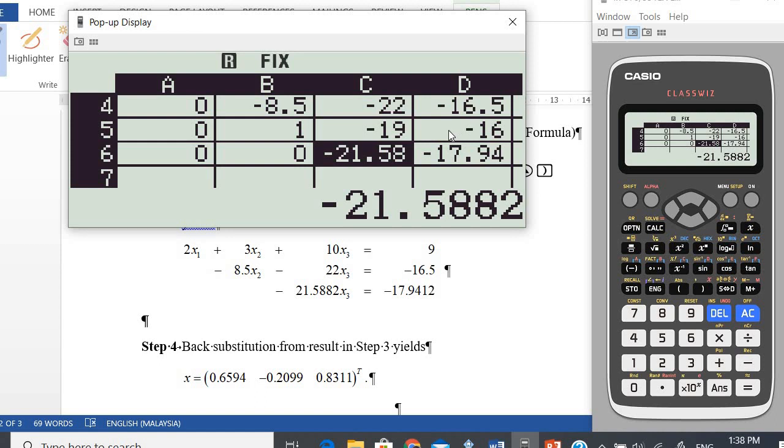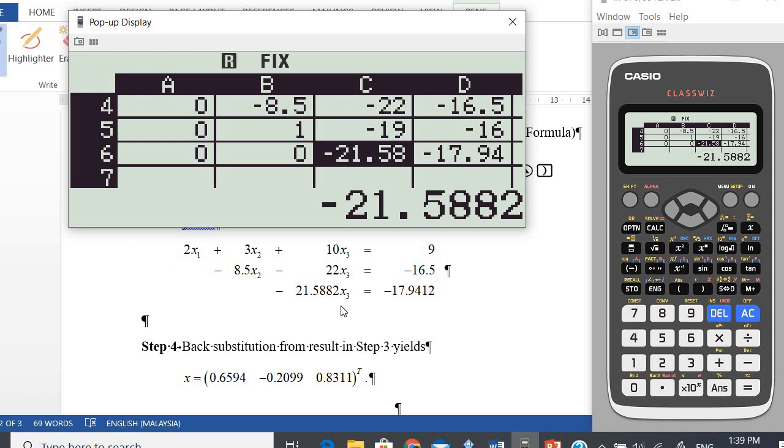However, it's not yet upper triangular, we need to reduce the cell B5 here to 0. So this is the original first row. The latest second row is from row 4. The last row 3 is actually row number 6. Hence, we get this last system.